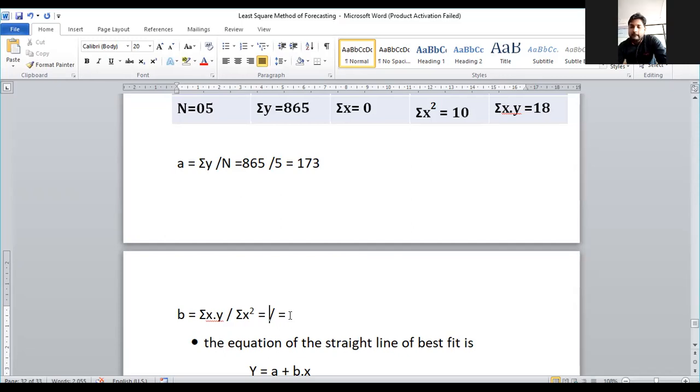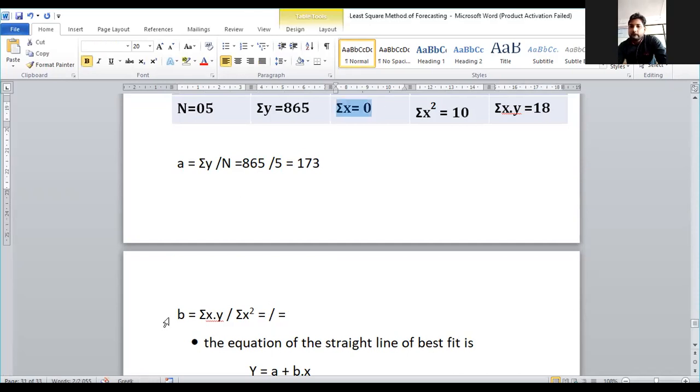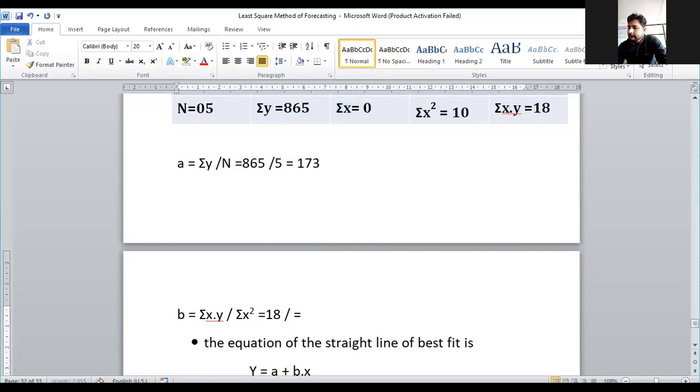So in that second equation, whenever we put summation of x equal to 0, then we get the equation for b as b is equal to summation of x multiplied by y divided by summation of x square. So summation of x multiplied by y we have calculated as 18. Just put it over here, and the summation of x square is 10. So the calculation is very simple. 18 divided by 10 will become 1.8.